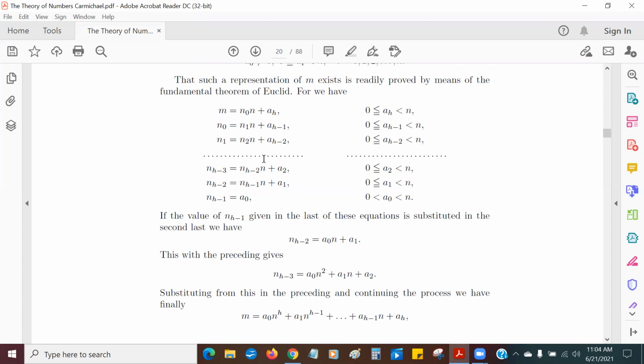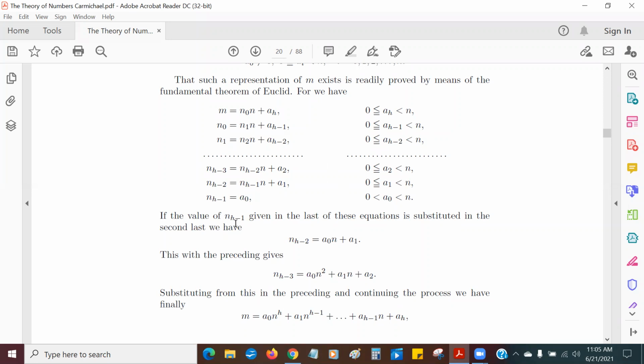It's not quite the same as the Euclidean algorithm; it's the division algorithm used multiple times, until we finally get all the way down to the bottom where n_(h-1) equals a_0. That's the last step. There's no more n's anymore. This is going to end eventually because these numbers are getting smaller and smaller, and they're less than some finite number n, so they are going to get down to a bottom.